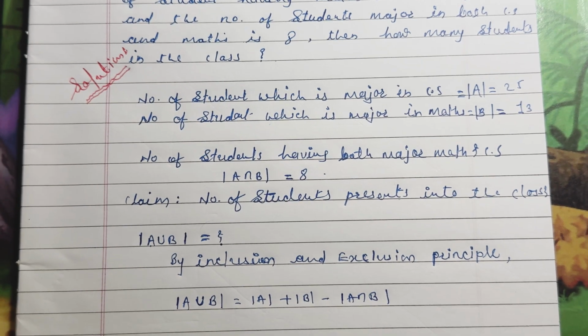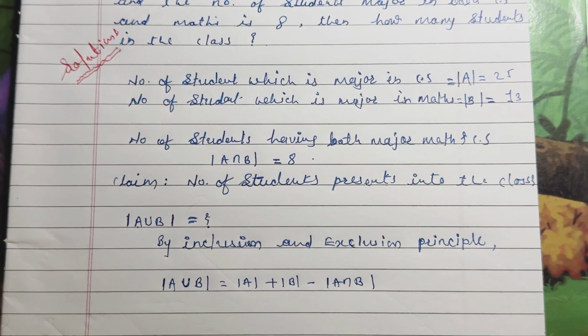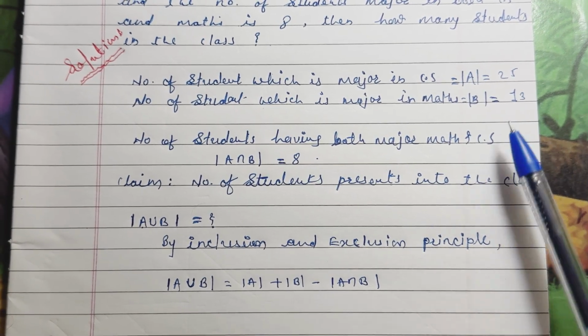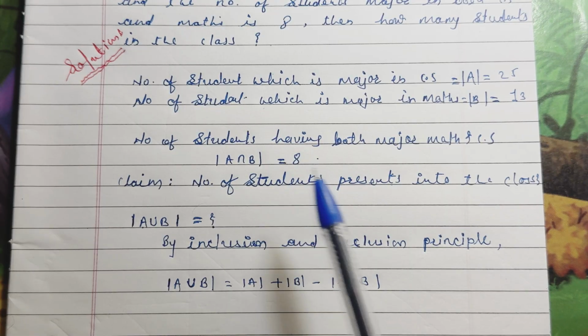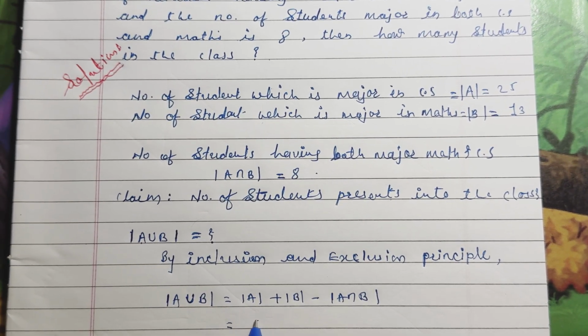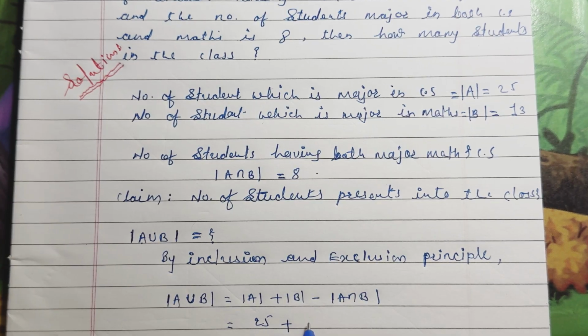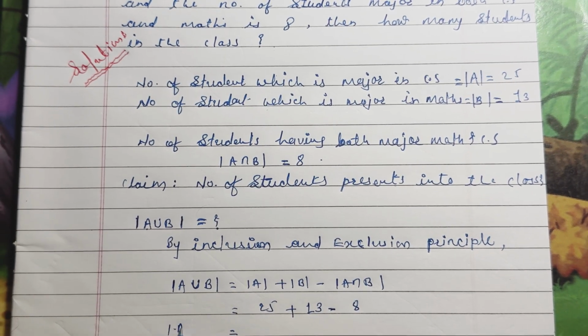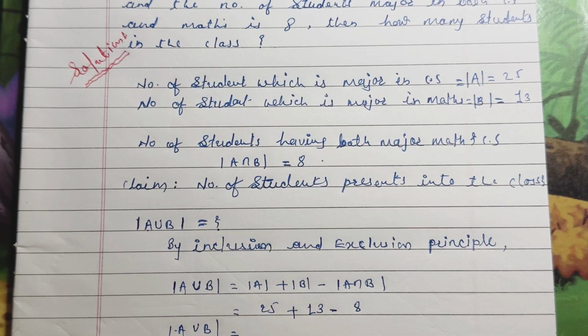Now what remains is to replace the values. We know the cardinality of set A is 25, the cardinality of set B is 13, and their intersection is 8. So replacing all the values: cardinality of A 25 plus cardinality of B 13 minus cardinality of A intersection B 8.